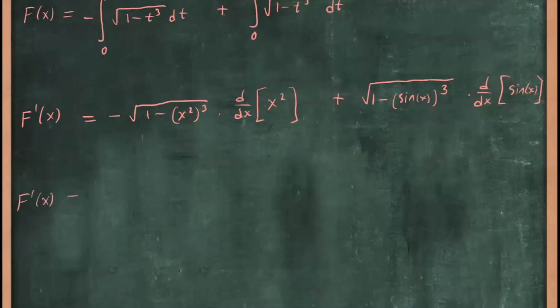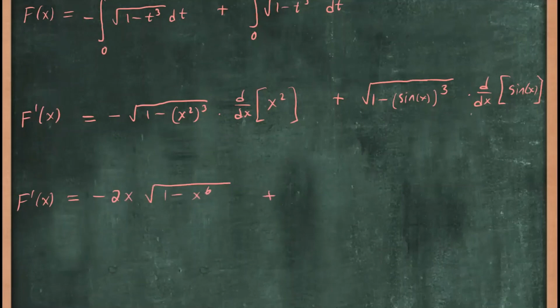So F prime of x is equal to the negative square root of 1 minus x to the 6th power, times the derivative of x squared, using the power rule, that's just 2x. Now, for simplicity, I'm going to write it like this. This is negative 2x square root of 1 minus x to the 6th.